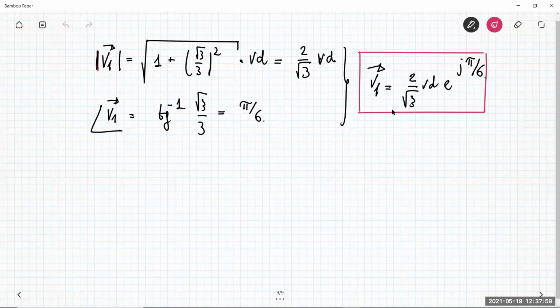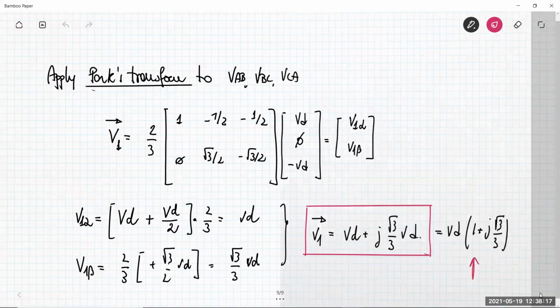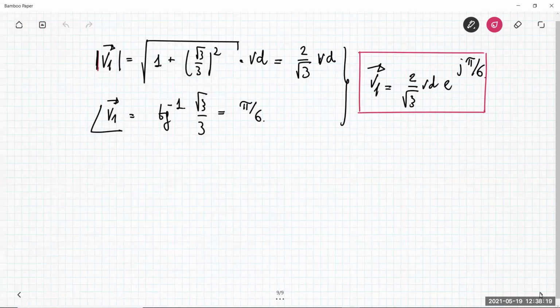So I use as an example the three-phase inverter. I have a specific combination of the switches. I choose this one, and I find a representation. This space vector is not a rotating space vector. As you can see here, there is no time in this expression. This is just a vector which is fixed in space, so this is not rotating.